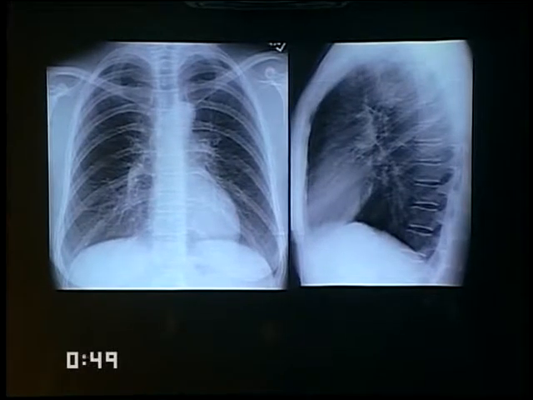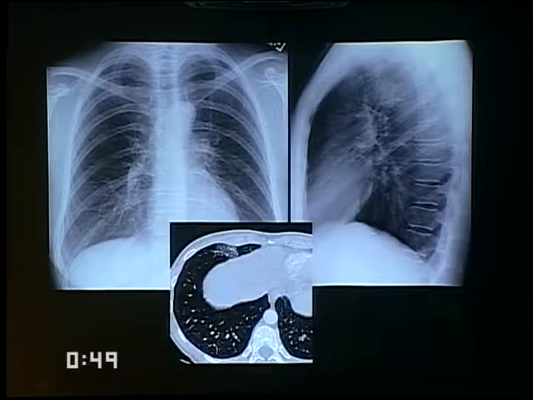This is quite a recent case, and I think you'd agree this is a good example of a pretty normal chest X-ray, both PA and lateral. This patient just had some chest pain, as I remember. We did a CT to rule out pulmonary embolism, which tends to be the way that these things go in the emergency room.